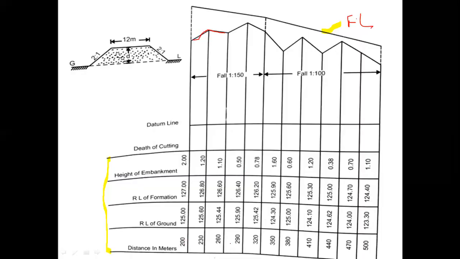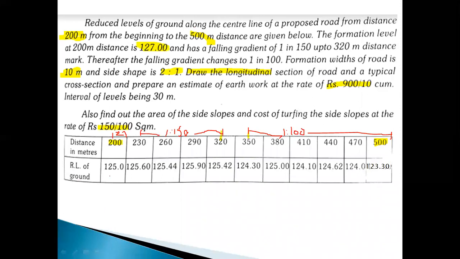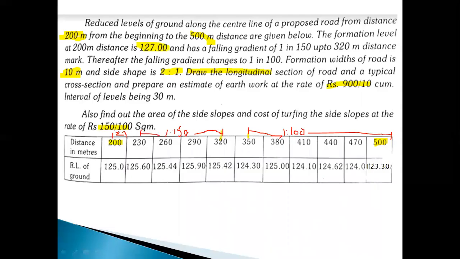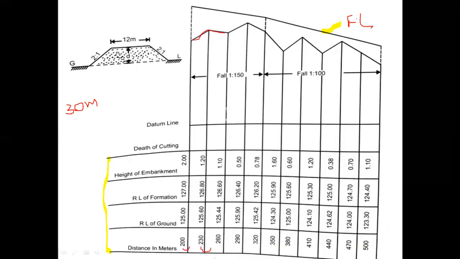Next, RL of ground. This is also given data in the table form: RL of ground is 125, 125.60 and so on up to 123.30.